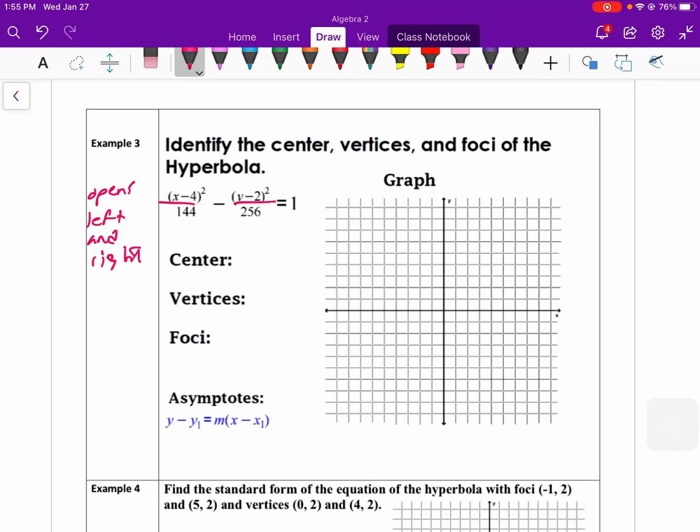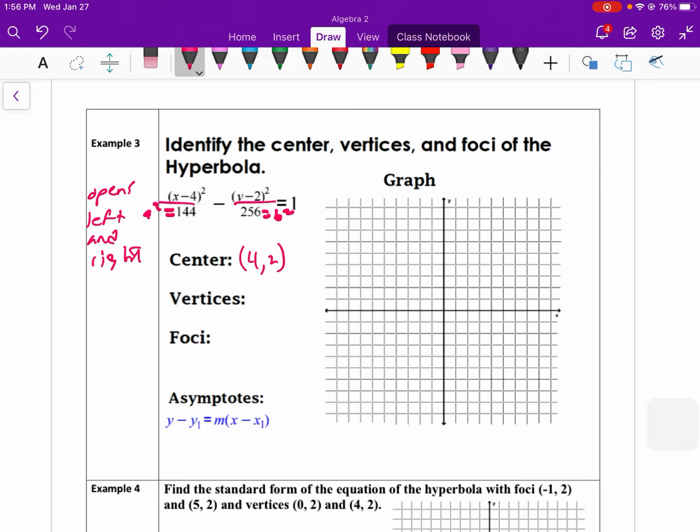But let's not forget that with hyperbolas, unlike ellipses, we're not looking for the greater value. It always leads with a squared. So although 256 is bigger, that'll be our b squared, because hyperbolas lead with a squared. Our center is our h, k, so 4, 2.